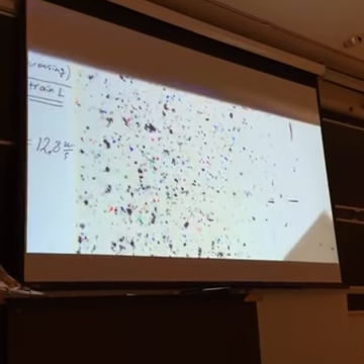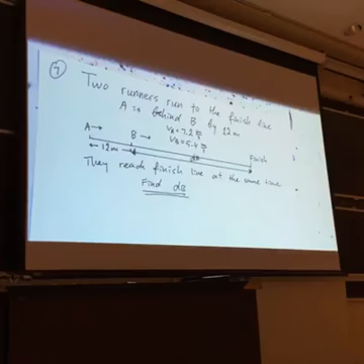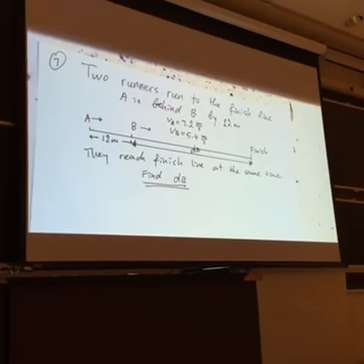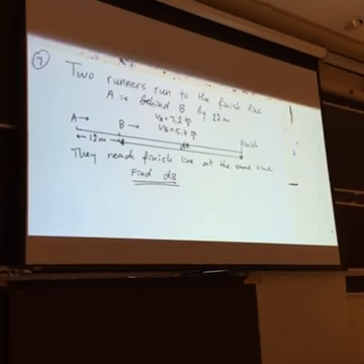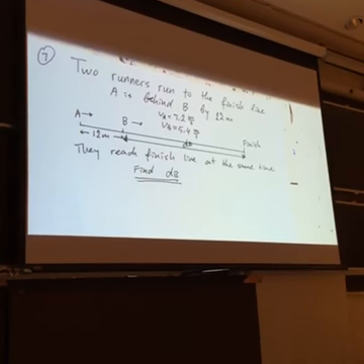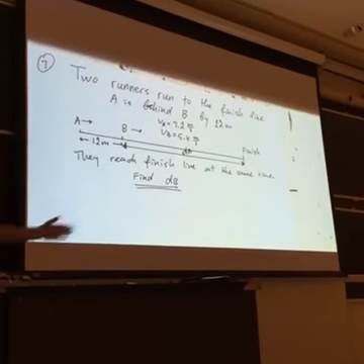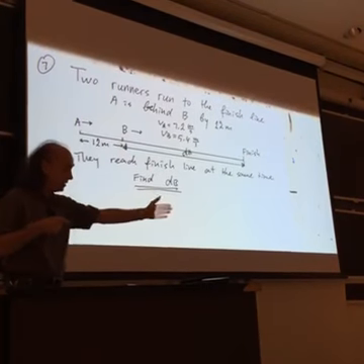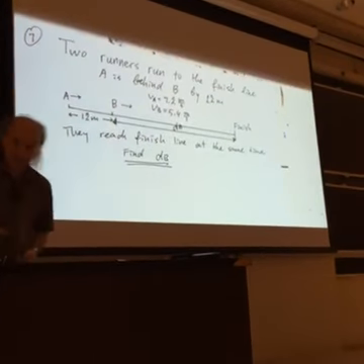So the next problem is about two runners, one is behind the other by a certain distance. The situation is runner A and B, and they run along the same axis, the same straight line, the same direction.